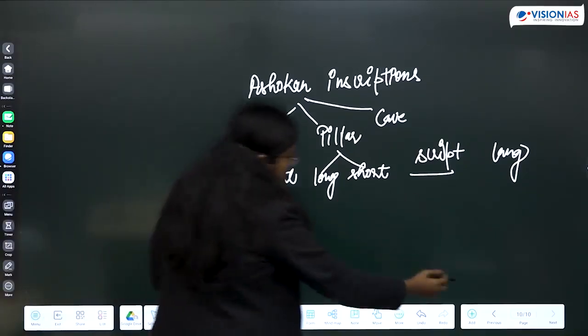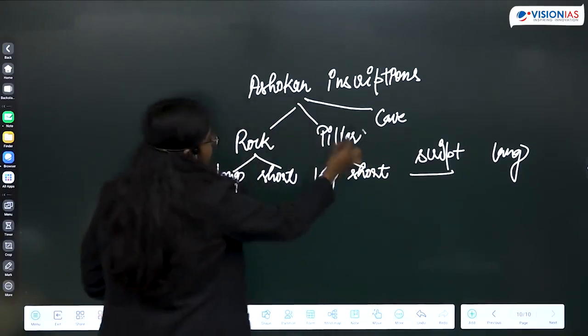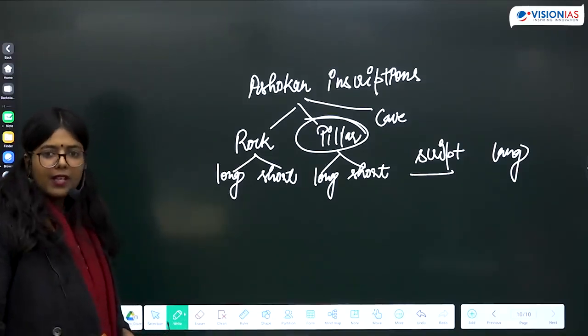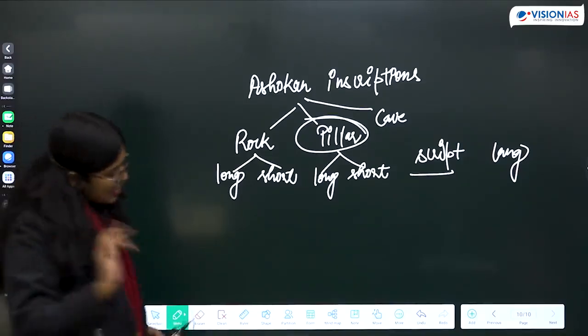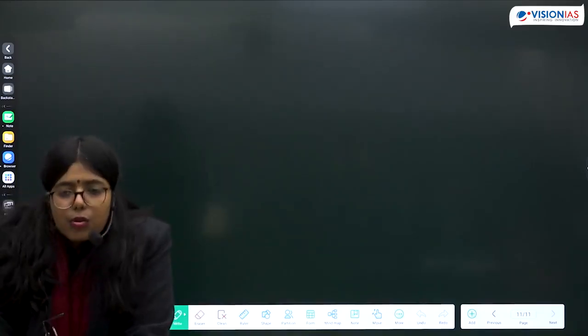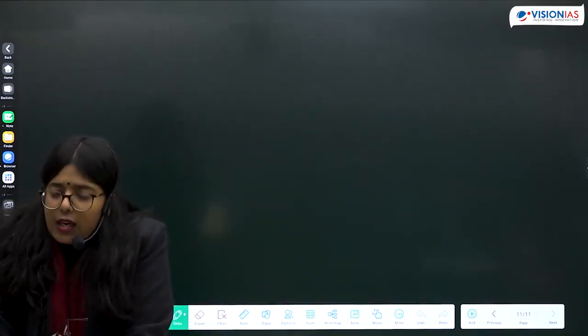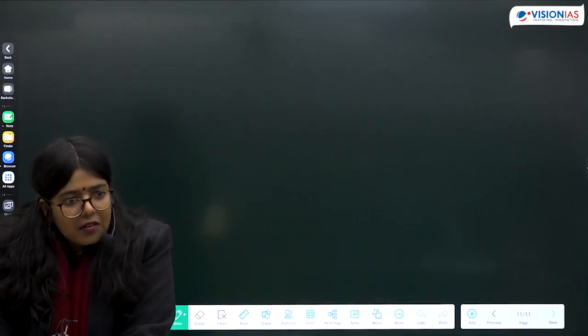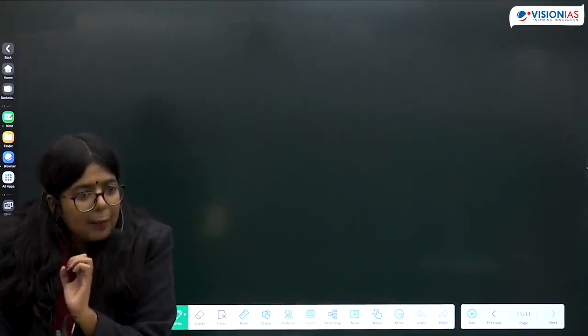Now, let us come to the architectural part. When we are talking about pillars, there are some prominent Ashokan pillars. Which pillars should we remember for sure? Where the crouching animal is unique. For example, in Sankisa, we find the elephant capital.